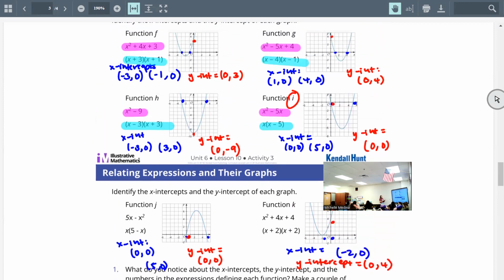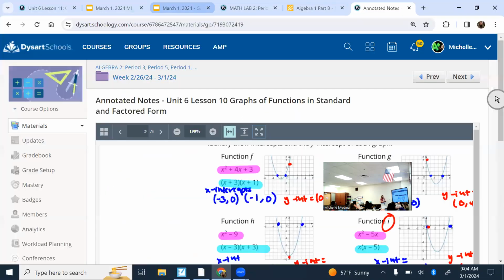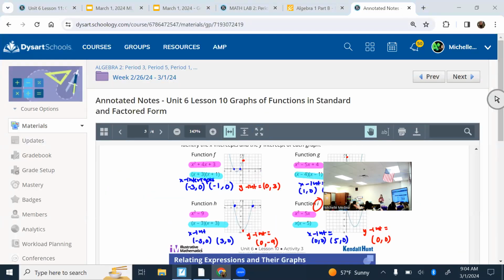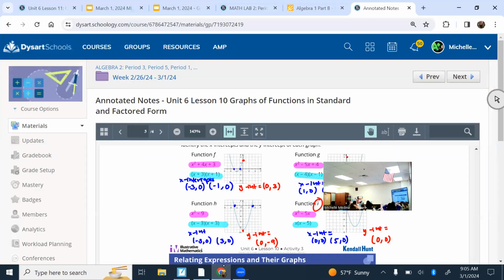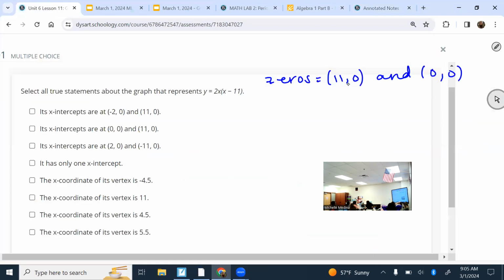For function I as well, when I had a 1 term times a 2 term, the other x-intercept was 0. So if you just see that, for right now, just know that it's going to be 0. You'll see why in a later lesson. That is not our goal today, so I'm not necessarily teaching you it yet. But that's what you need to know. So for this first part, the x-intercepts are 0 and 11.